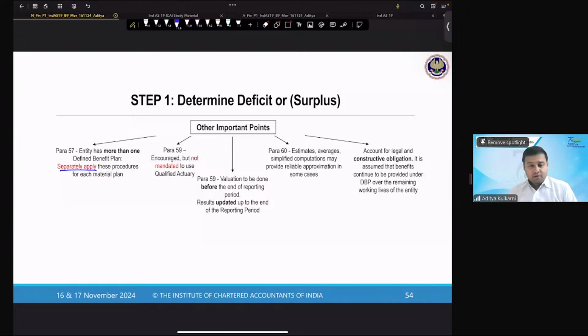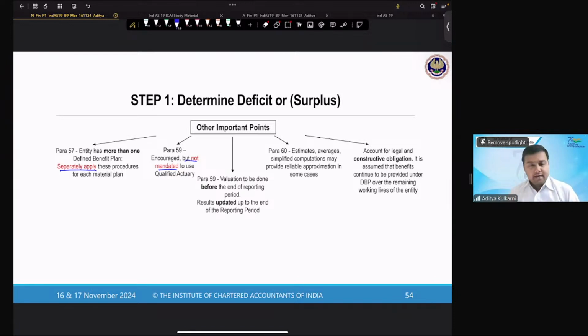Acha. Okay. Coming to the next one, encouraged but not mandated to use a qualified actuary. Now, this is the first time the standard tells that it's recommended to use an actuary. AS 15 did not mention the requirement of using an actuary. We were using it because they were the qualified people to do this.